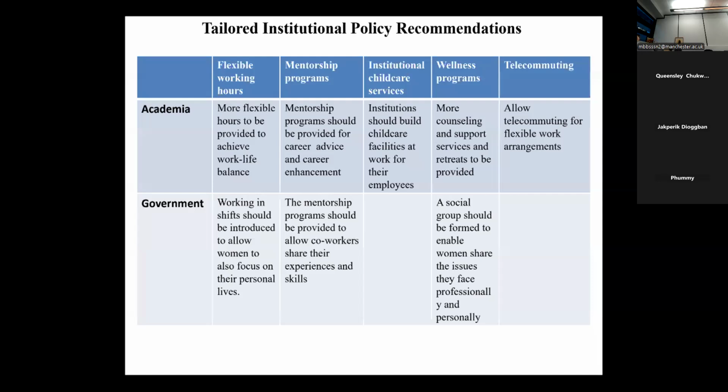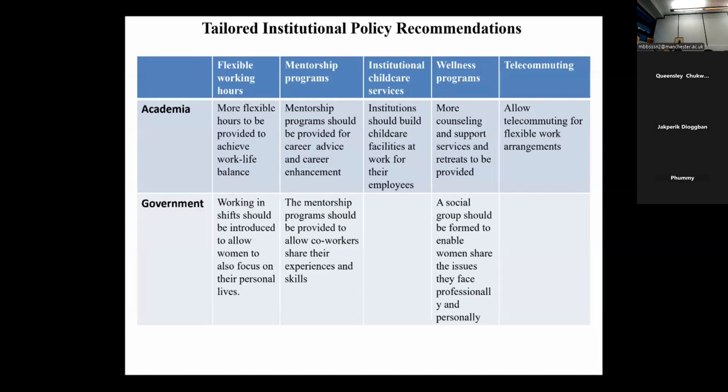So in this institutional policy recommendation, we can see institutional childcare services as a low recommendation from all the 4 institutions. So to our conclusion here, more flexible working hours with working in shifts should be given to women to achieve work-life balance.